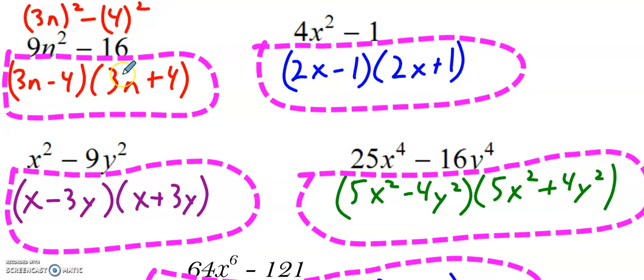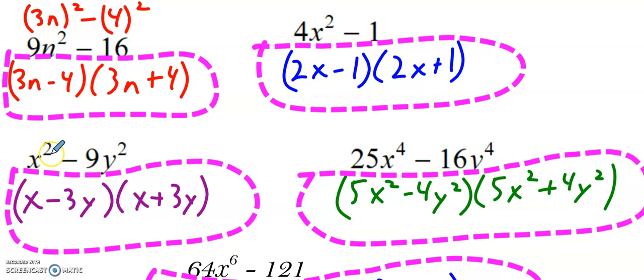So this becomes 3n minus 4 and 3n plus 4. Boom, difference of squares. Here I have 4x squared minus 1. Remember, 1 is 1 squared, right? That's a perfect square. So 1 times 1 is 1. So here, this is going to become 2x minus 1 and 2x plus 1. Again, keep in mind the order in which you do the plus versus the minus does not matter.